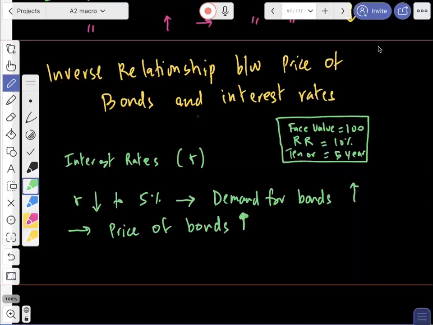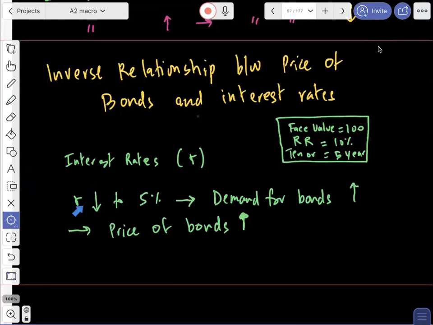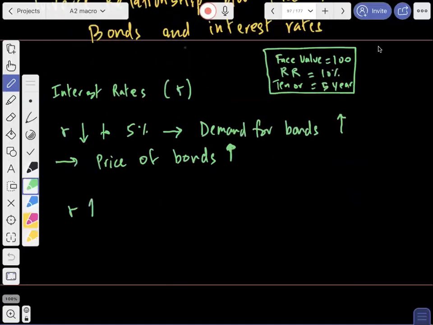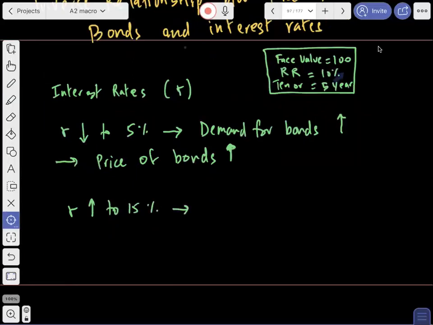The price of a bond is basically a function of what the interest rates are. If the interest rates are too low, then the price of bonds will be high because people will be demanding bonds, since interest rates in the banks are very low. Similarly, when interest rates go up, let's say to 15%, will you demand a bond that is giving you a 10% return?